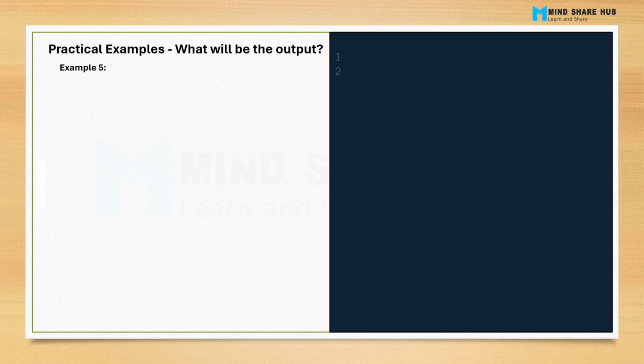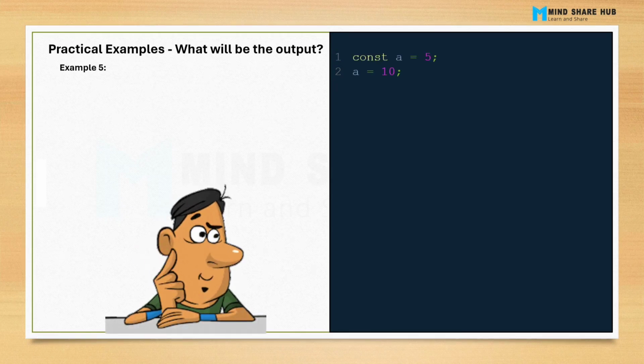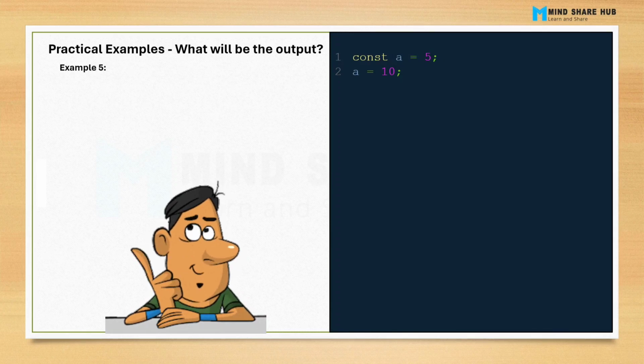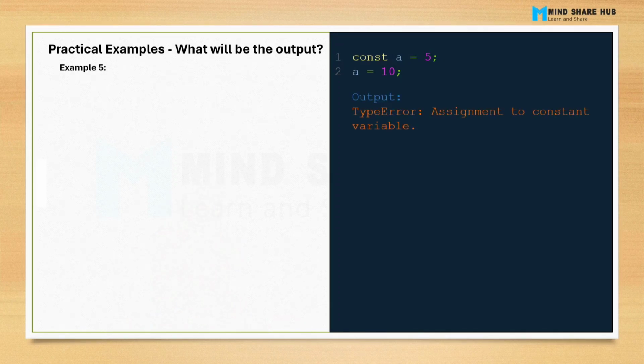Example 5. In JavaScript, when you declare a variable with const, its binding cannot be reassigned. Example 6.